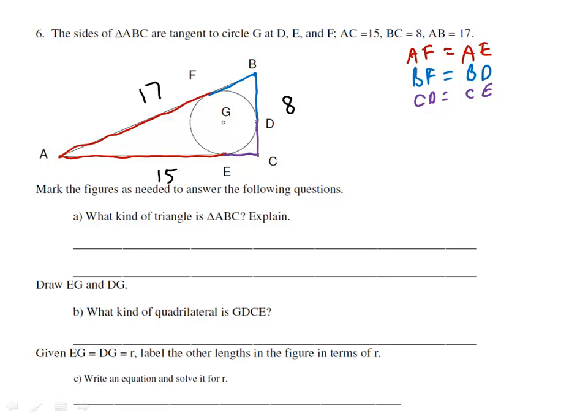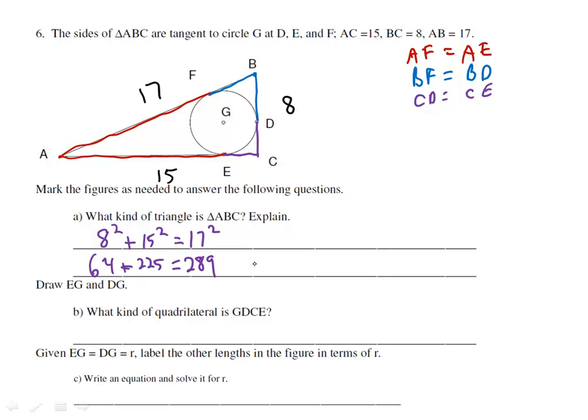What kind of triangle is triangle ABC? Well, what they're getting at is this. What do we have here? 64 plus 225 equals 289.